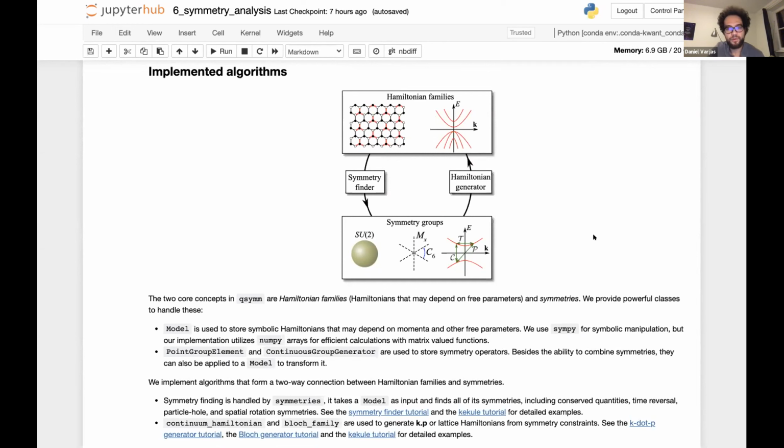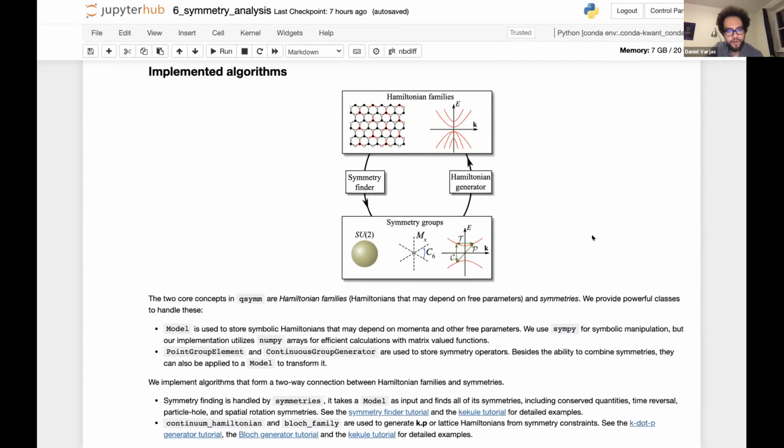So for example, you heard about Majorana wires that have particle hole symmetry, or quantum spin hall systems that have time reversal symmetry. And a lot of this analysis is kind of just doing a recipe, which can become quite complicated. So that's why we went through the trouble of automating it.